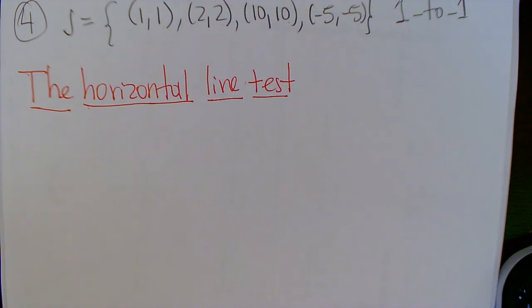I don't know if you guys remember, it was one that we tried to get our relation to fail, right? The vertical line test says that a function is a relation if every vertical line intersects the graph just once.